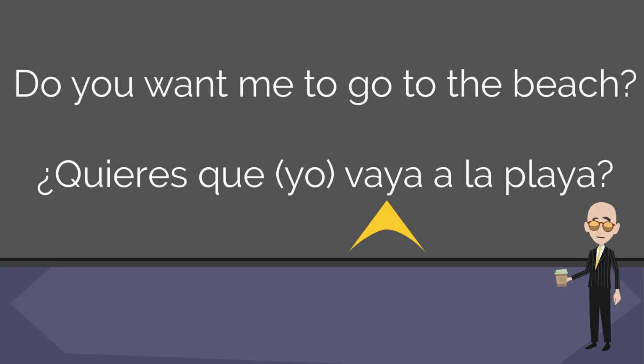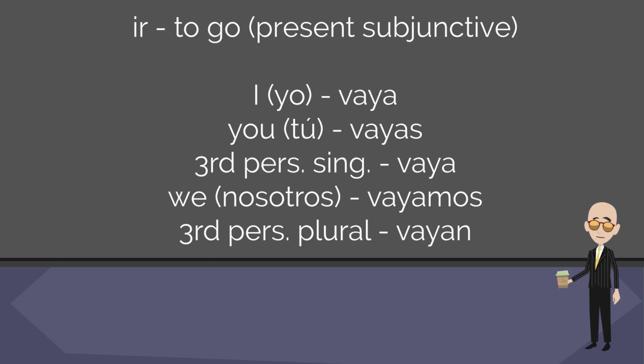So now let's look at the actual conjugation. In this case, we have vaya. This is from the verb ir, to go. You've used this one a lot in this course. If we're going to conjugate it in the present subjunctive mood, it would go like this. Vaya, vayas, vaya, vayamos, and vayan.